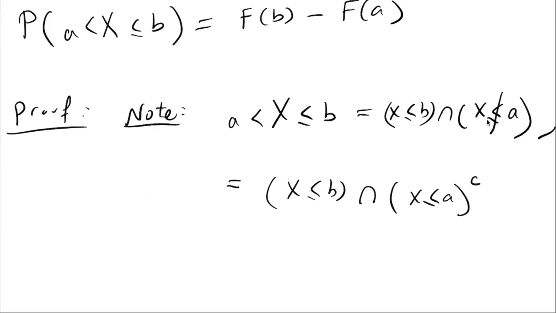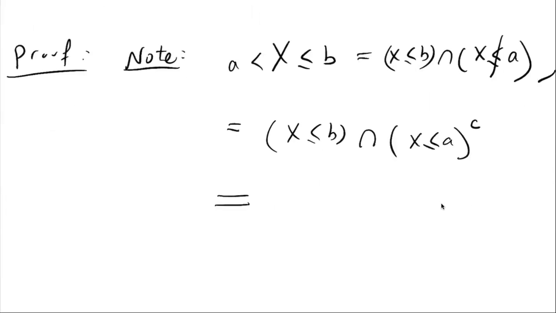When you say X is not less than or equal to A, it's same as saying X less than or equal to A complement. Complement of this set. Remember, each of these is a set because these are events, therefore they are sets. Therefore, I can talk about complement of those sets.